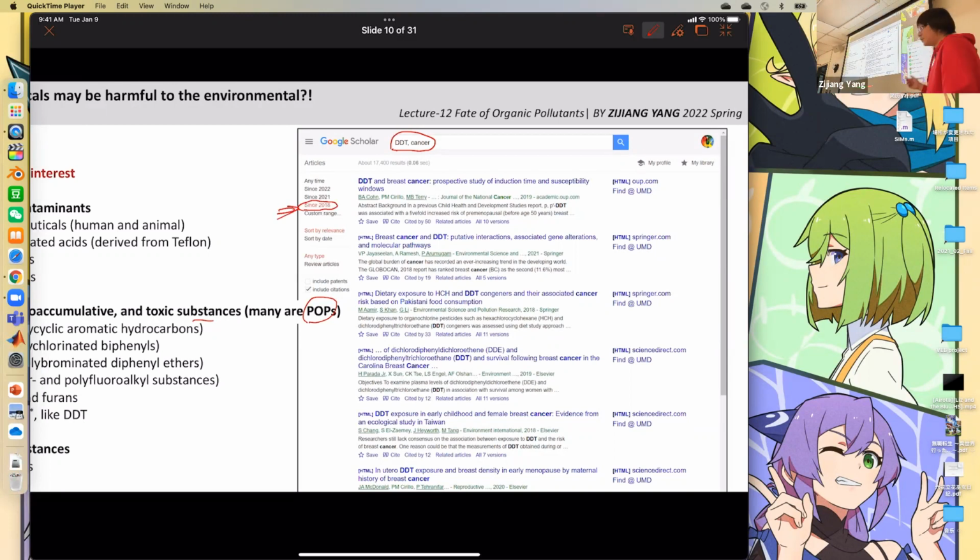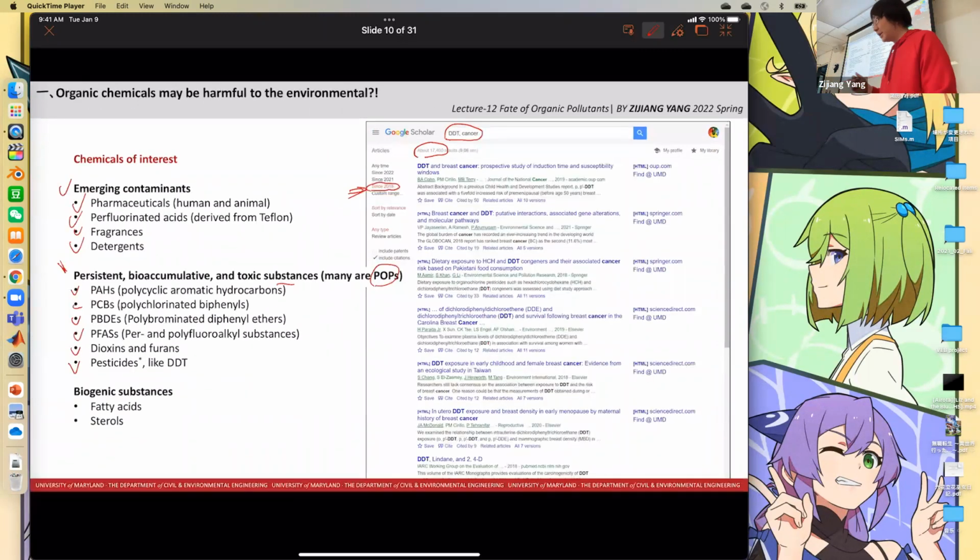So we can say that during these 3 years, we still have lots of research about the relation between DDT and cancer. So I would say this is a very important topic. Another type is biogenic substances like fatty acids and sterols.